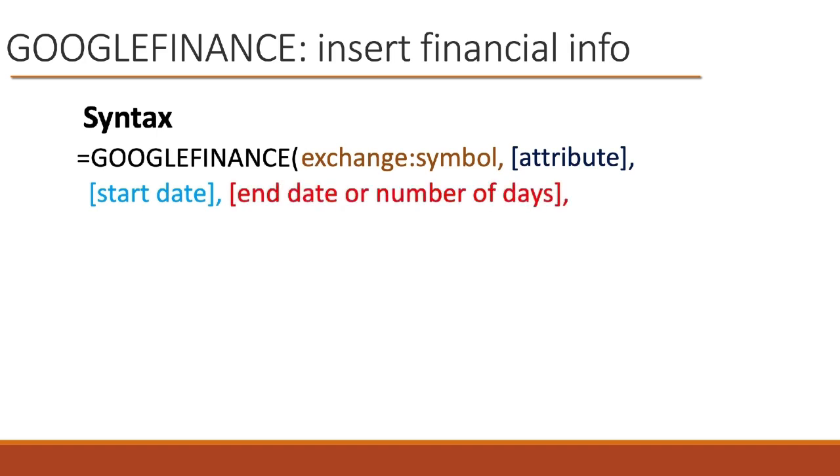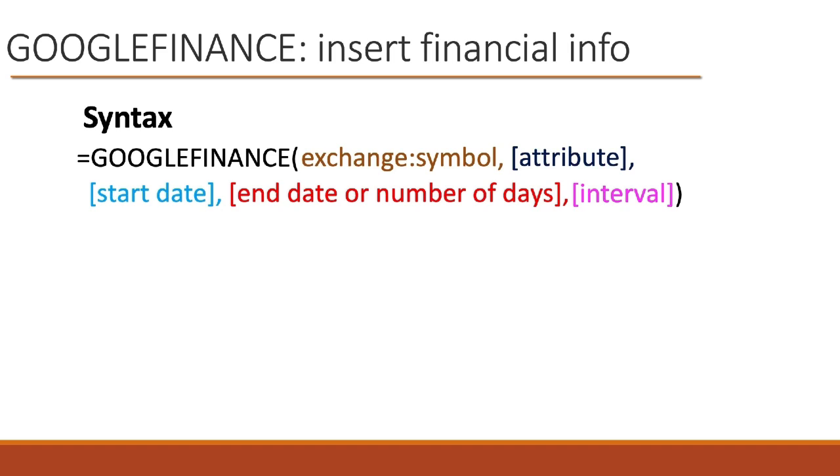And then if you want more than just one day, maybe you want a range, maybe 10 days, or maybe you want a start date and an end date, you can put that in, comma. And then the last argument, optional, is the interval. Now, in theory, that's like if you don't want every single day, maybe you want every second day, any 10th day, you put that in. This is the part of the function that isn't working right.